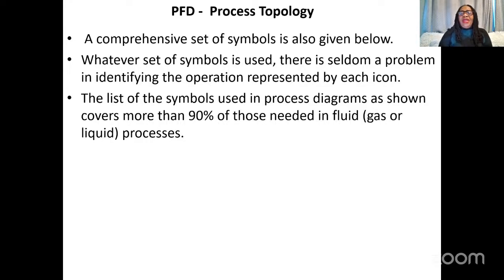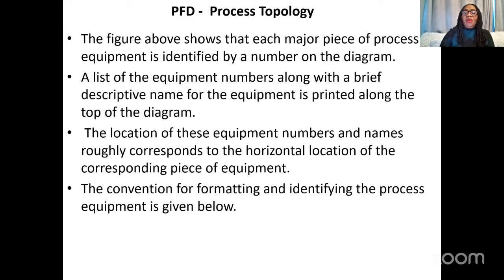So it's very rare to have any problem identifying the symbols that represent a particular process. The list of symbols used in process diagrams, as shown, covers more than 90% of those needed in fluid processes like gas or liquid processes. So I will show you soon.